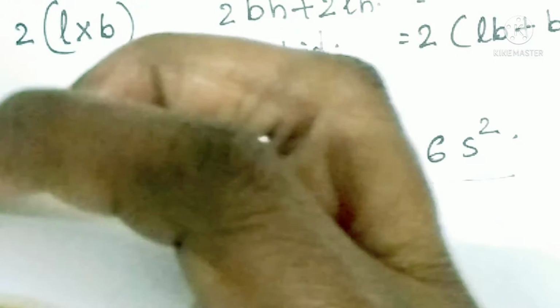What I am doing is completely covering it. See, it got exactly covered. Now what is the perimeter? Perimeter means this complete edge, the length of this edge.